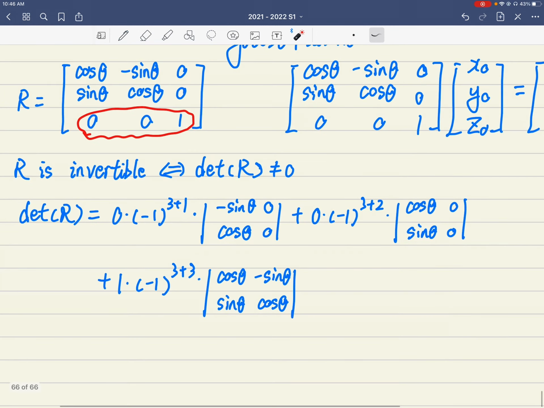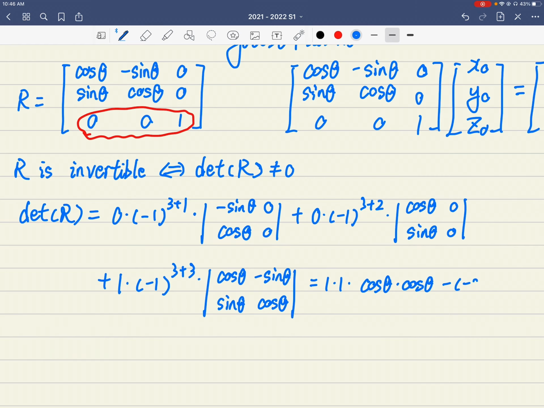Right, so the first two parts are 0. This part is just -1 to the power of 6, which is 1, times cosine theta times cosine theta, minus sine theta times sine theta.